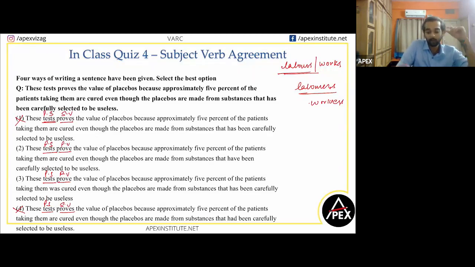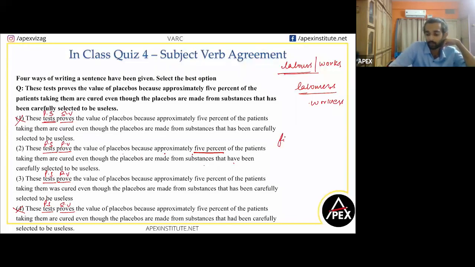Next, these tests prove the value of placebos because approximately 5% of the patients taking them are cured, even though the placebos are made from substances that have been carefully selected to be useless. Now tell me one small thing.